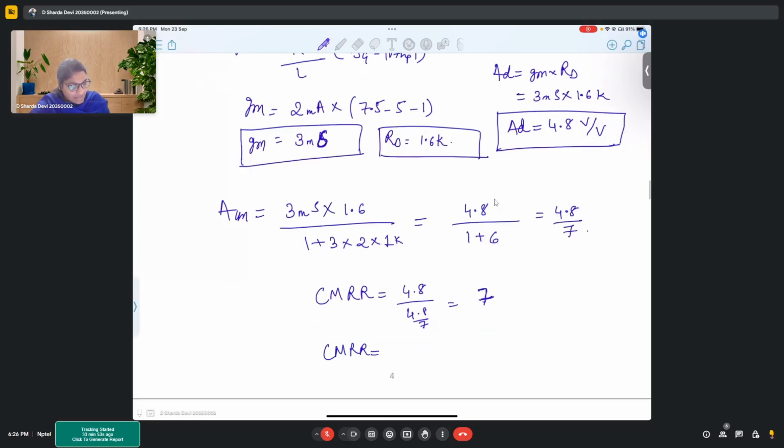Now if CMRR is 7, then what is the CMRR in dBs? Yes, what is the CMRR in dBs?